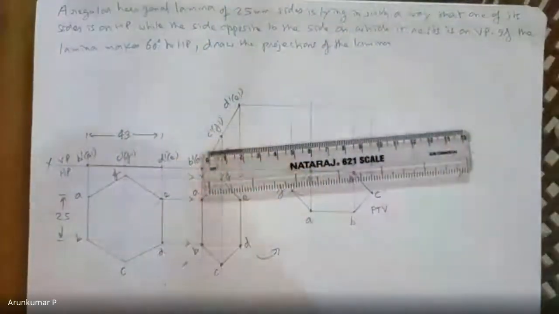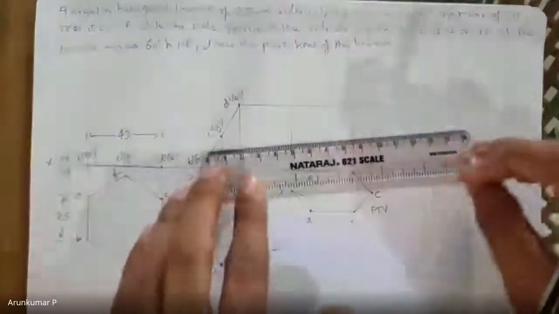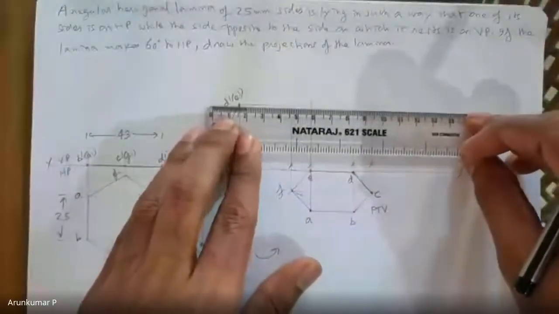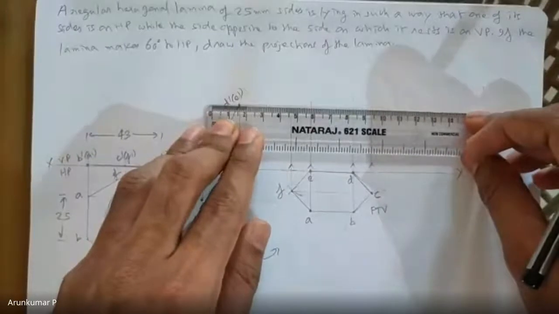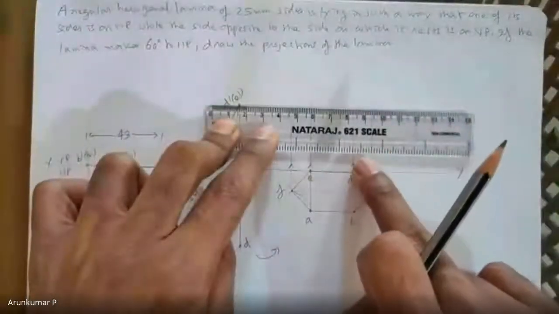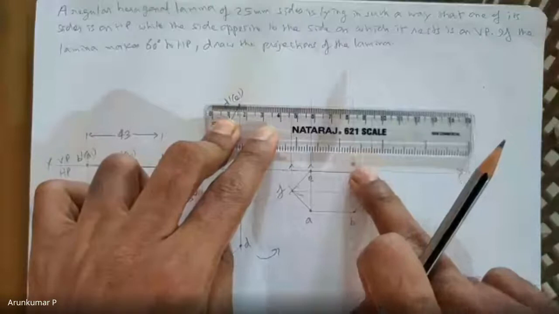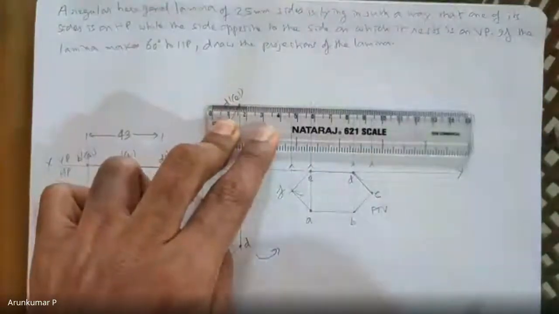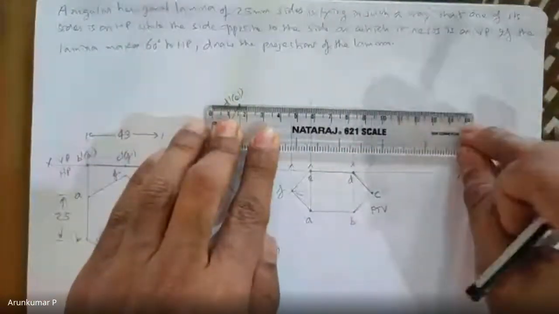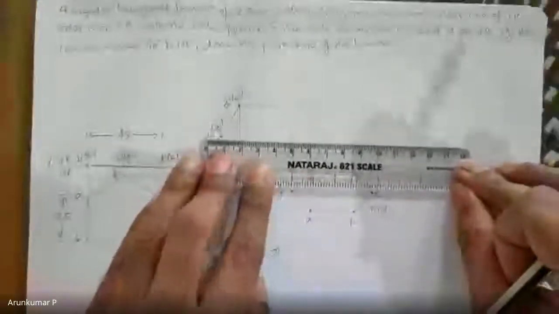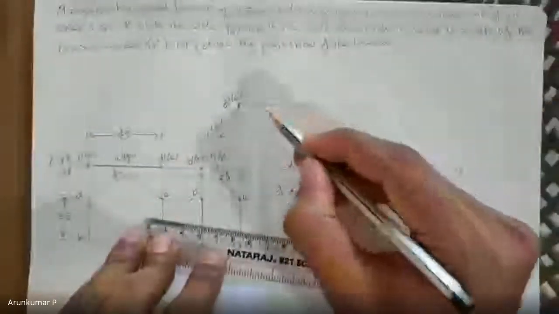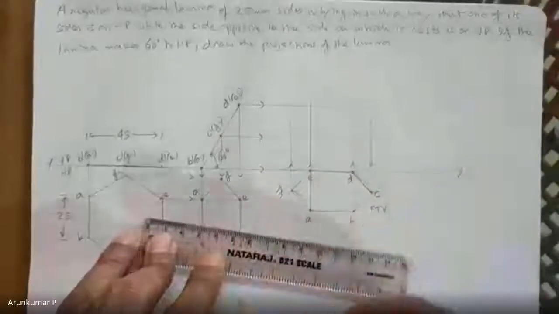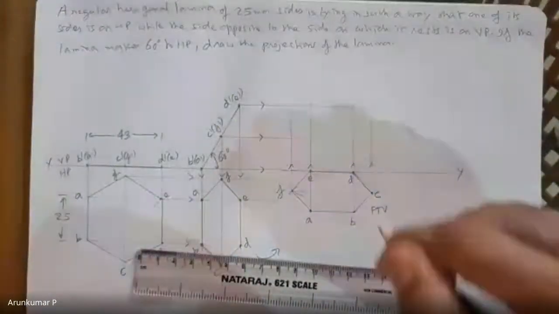You need to take some care when drawing these. When I draw horizontal projectors, I always take the XY line as my reference. I try to keep the scale parallel to the XY line as far as possible so that the projectors I draw are perfectly horizontal. The third projector is on the XY line, so no need to draw anything there.